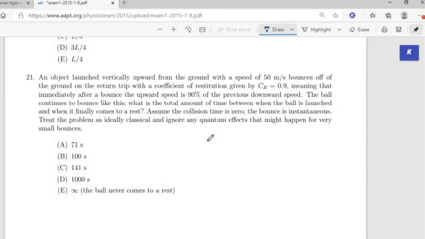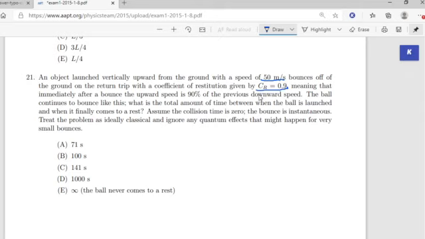Okay, an object is launched vertically upwards from the ground with a speed of 50 meters per second, bounces off the ground on a return trip, with a coefficient of restitution C sub r of 0.9, meaning that immediately after the bounce, the upward speed is 90% of the previous downward speed.